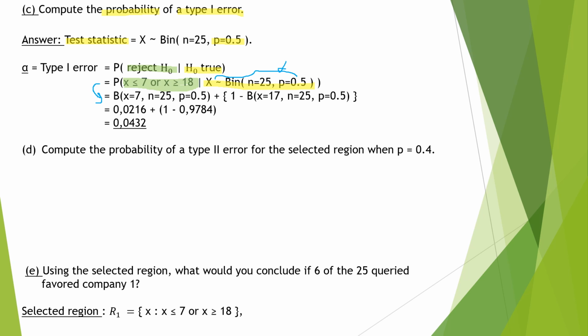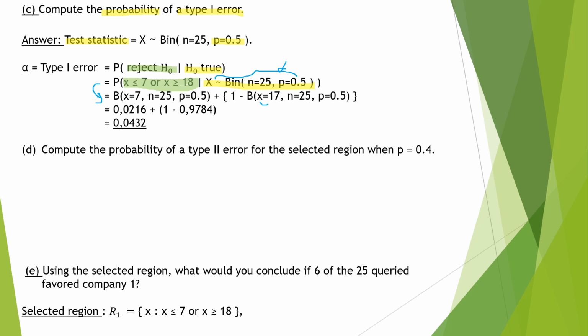Now, the probability that X is less than or equal to 7, or X greater than or equal to 18, translates to a plus. The probability that X is less than or equal to 7 is just the cumulative distribution, the capital F of 7, when n is 25 and p is 0.5. And the probability that X is greater than or equal to 18 is 1 minus the probability that X is less than 18.